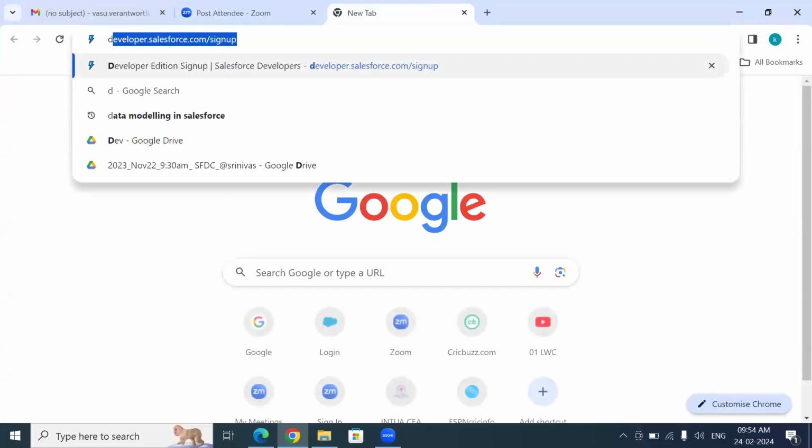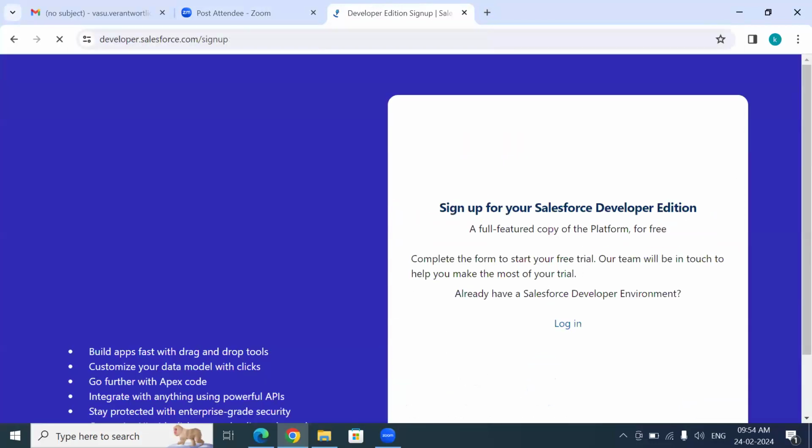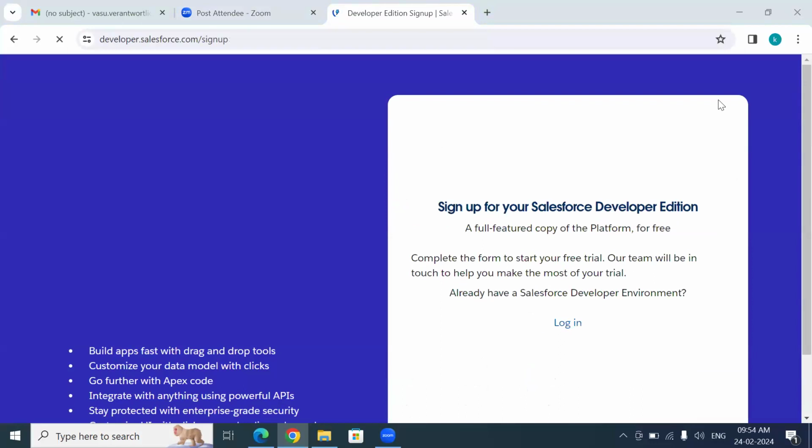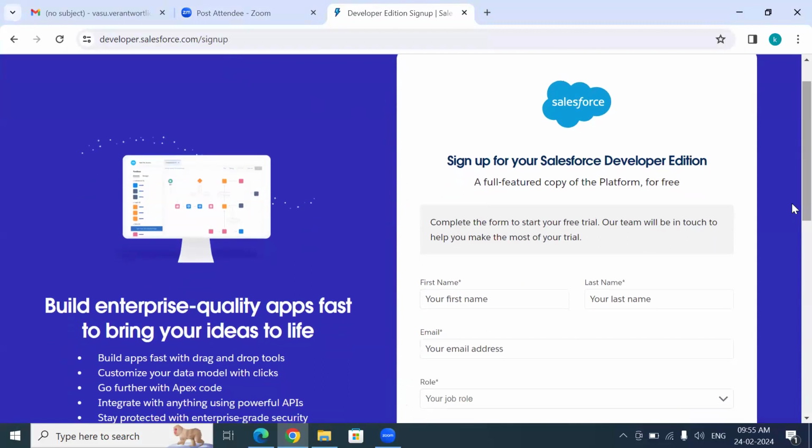By using this URL, I will say what this URL is later. The URL I've used is developer.salesforce.com/signup. This is the URL which we have to use to create our free Salesforce developer edition account. In order to sign up, first of all, we have to fill up this registration form.